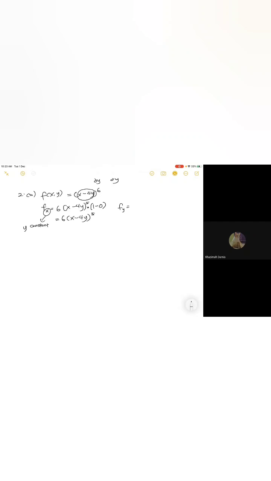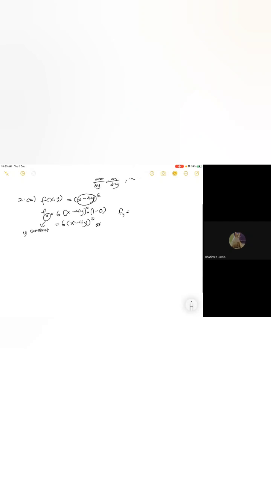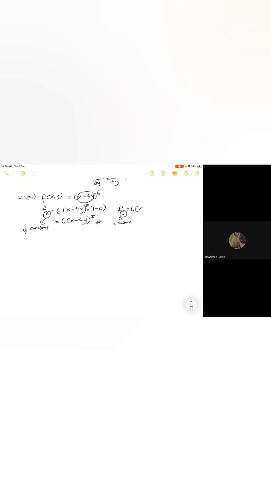Okay, itu saja. Now let's look into fy. If I want to differentiate fy now, the constant will be x. Okay, first of all, differentiate the power, the polynomial power. I will have 6(x minus 4y) to the power of 5. Kenapa jadi 5? Sebab 6 tolak 1 sama dengan 5 kan.